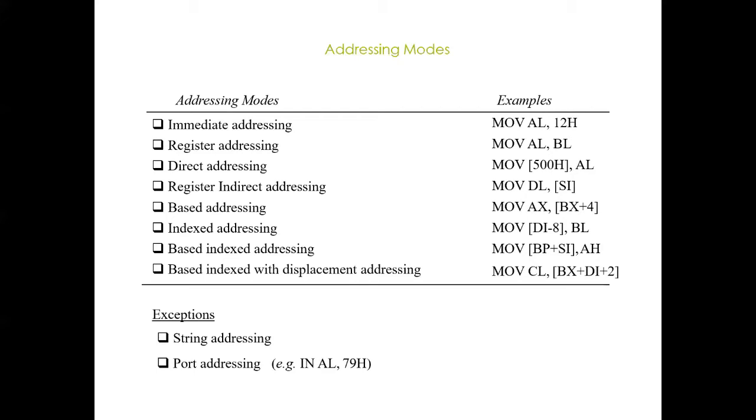The memory address of an operand consists of 2 components, the starting address of the memory segment and an offset. The 16 MSBs of the starting address of the memory segment reside in the corresponding segment register.